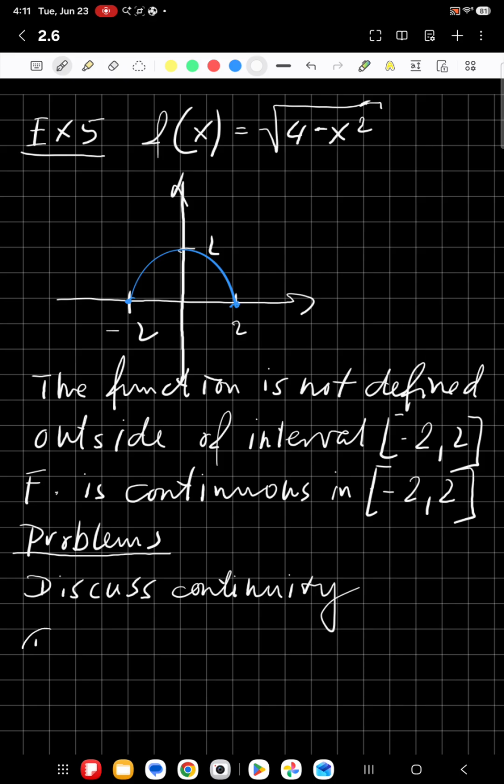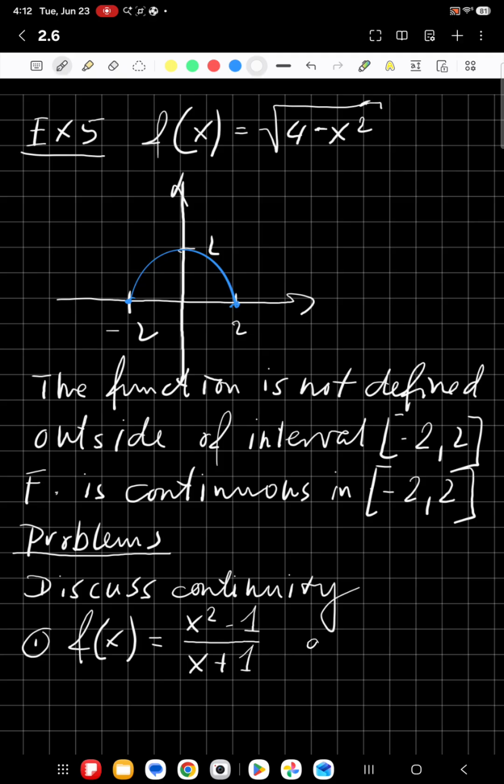So the first problem is f of x equals, it's a rational function, x squared minus 1 over x plus 1.